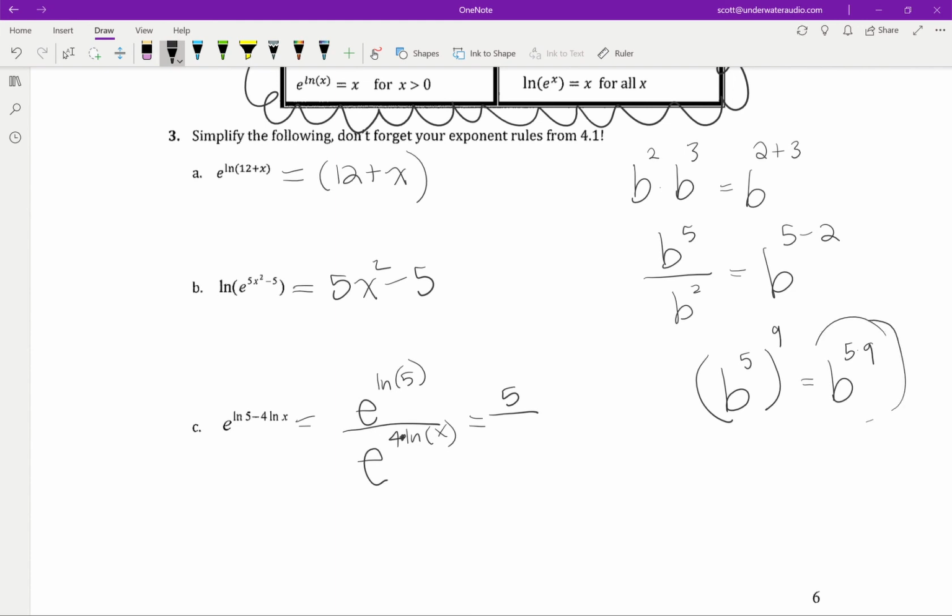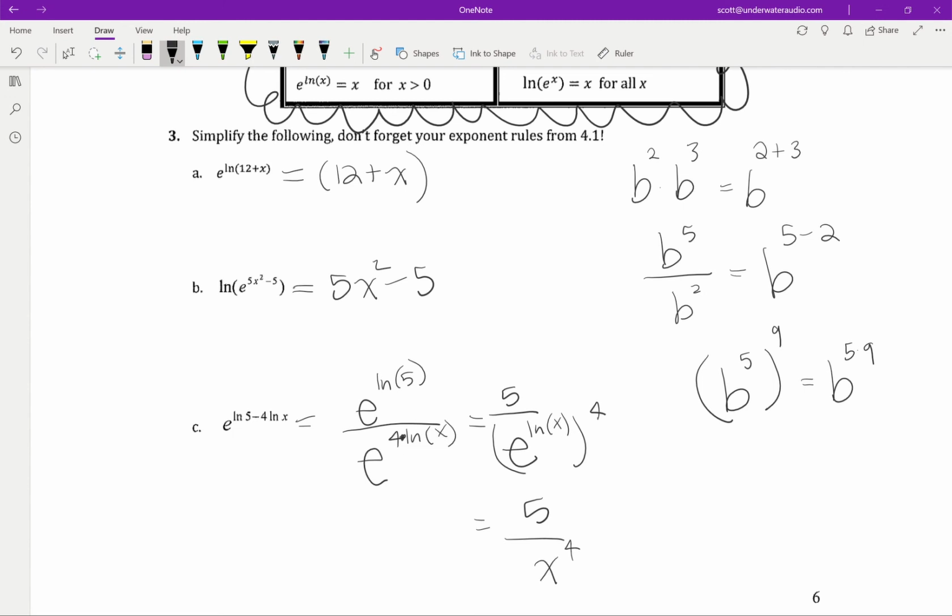So using the rule backwards, I think that I could rewrite this as e to the natural log of x raised to the 4th power. And then 5 stays the same, but then e to the natural log of x is just x, so I've got x to the 4th.